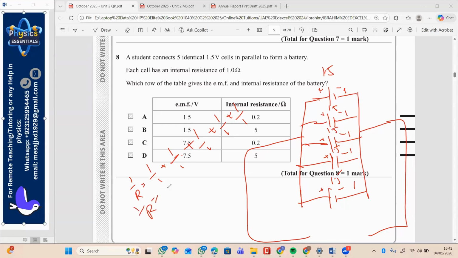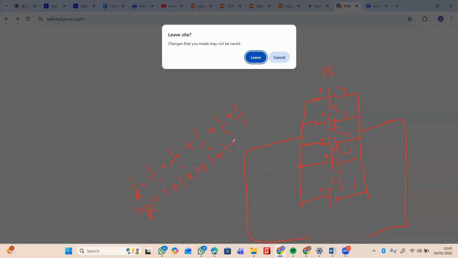So 1 over R is going to be like 5, because 1 over 1 is simply 1, right? So 1 plus 1 plus 1 plus 1 plus 1.